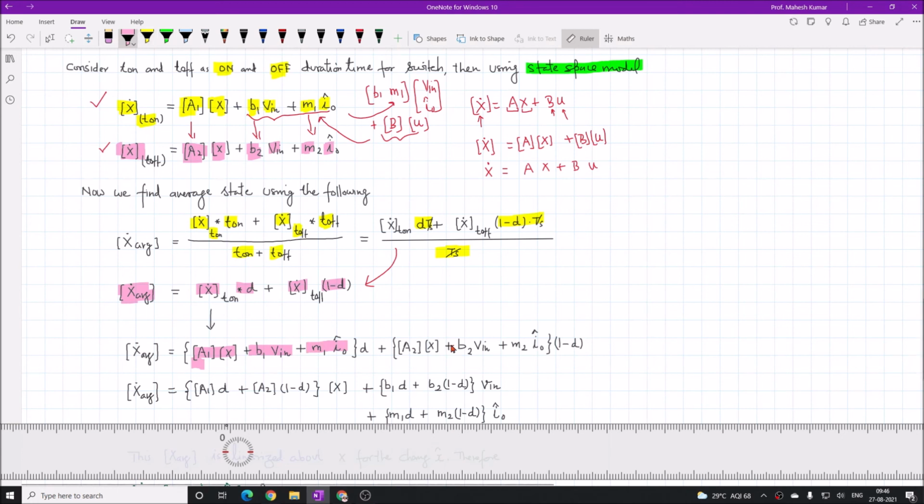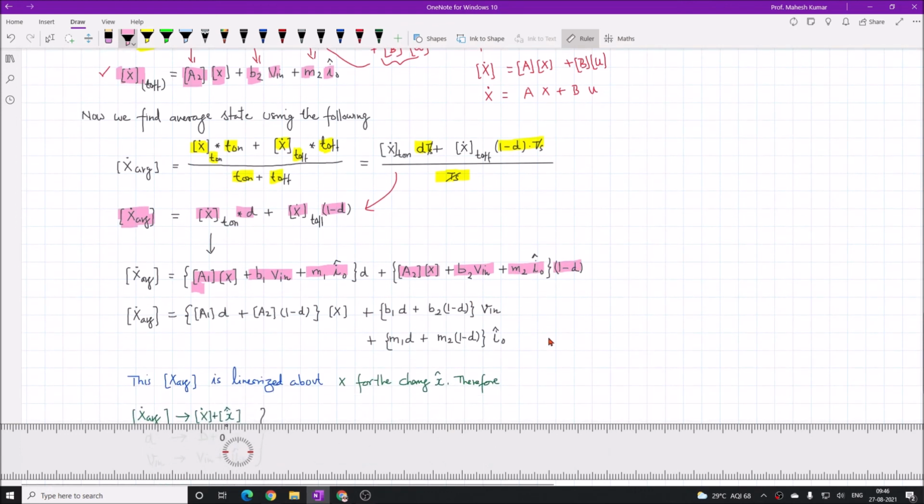And similarly, the x dot during t off is A2 into x plus B2 into B in plus M2 into I0, into 1 minus d. If we collect the coefficients of x, B in and I0, then it becomes A1 d plus A2 into 1 minus d, then x, then B1 d plus B2 into 1 minus d into B in, and M1 d plus M2 into 1 minus d into I0. So we have collected the coefficients of x, B in and I0. So this is the average state.